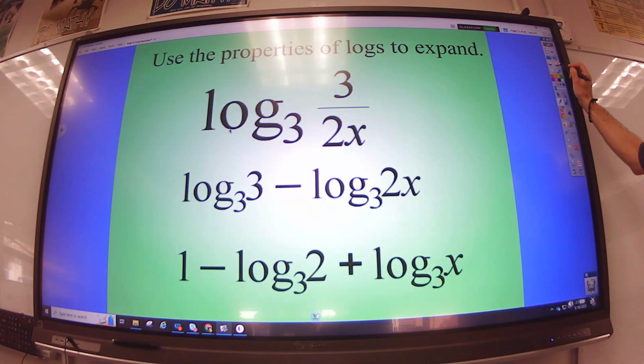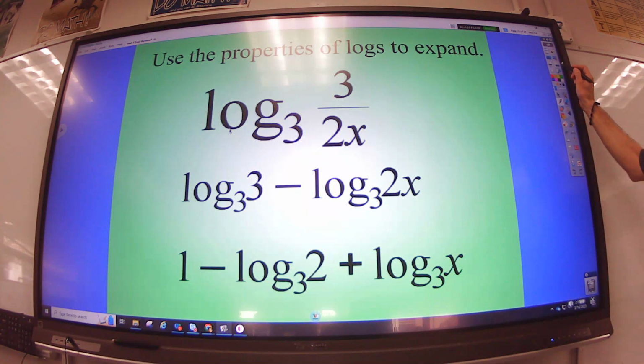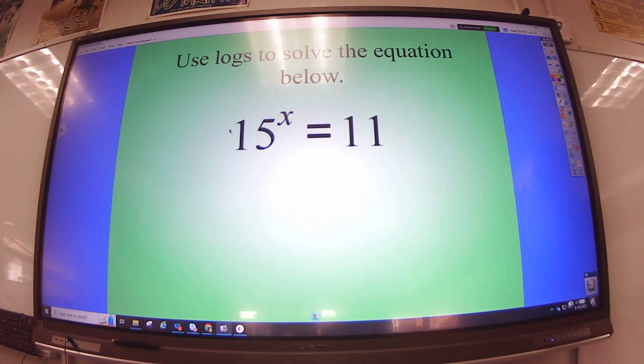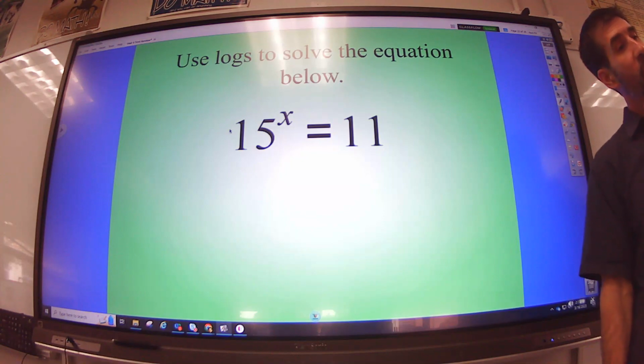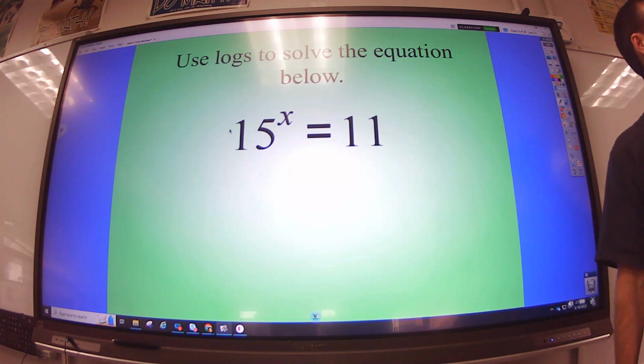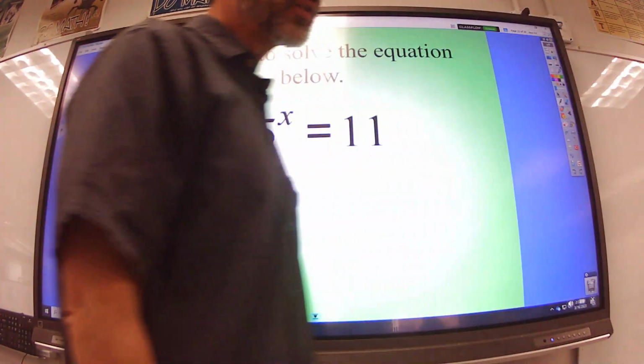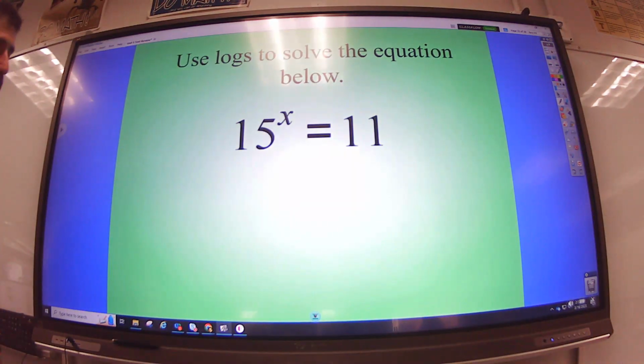Solve for x. In order to solve this, let's put it in log form first, right? So, log, what's my base? 15. Make sure it's little and small, right? Little and low. Equals, switch it, 11x.